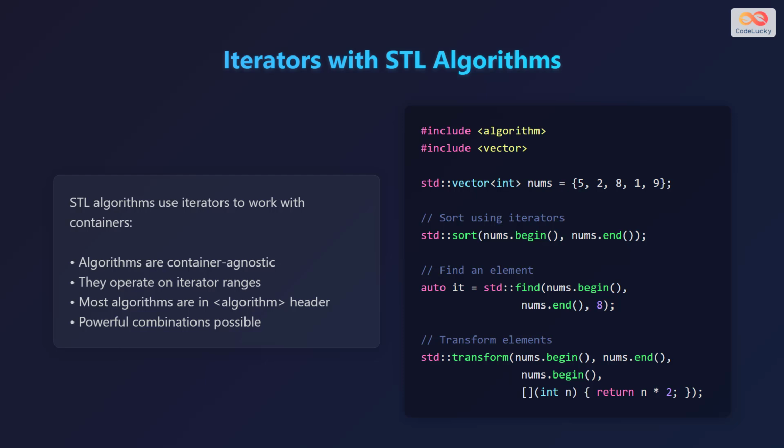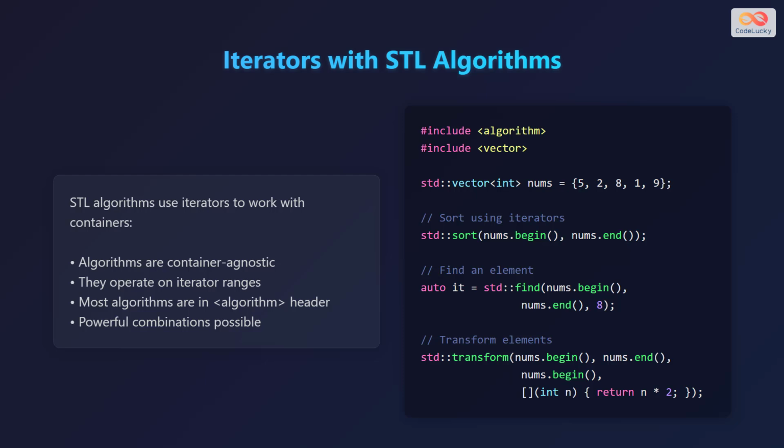Standard Template Library, or STL algorithms, leverage iterators to operate on containers in a generic and flexible manner. These algorithms are container agnostic, meaning they can work with various container types as long as they provide appropriate iterators. STL algorithms operate on iterator ranges, allowing you to specify the portion of the container you want to process.